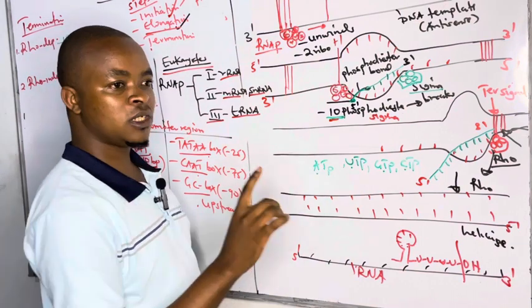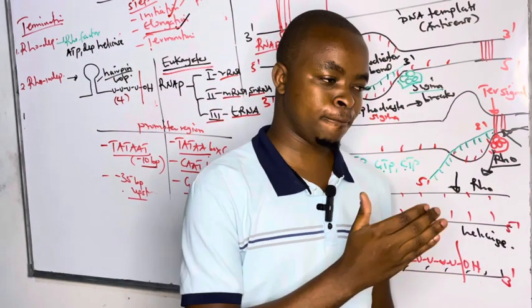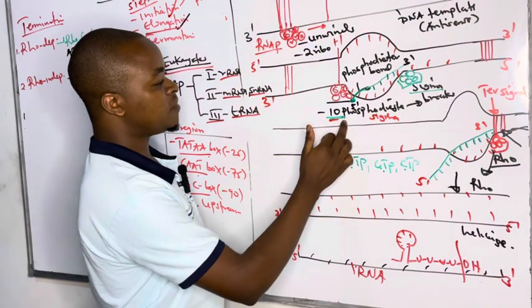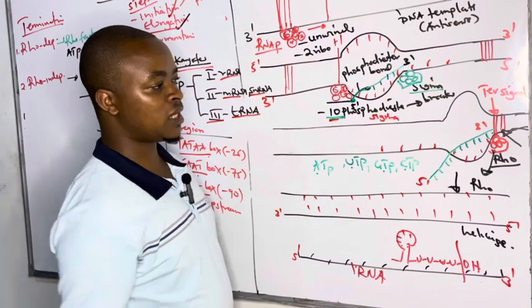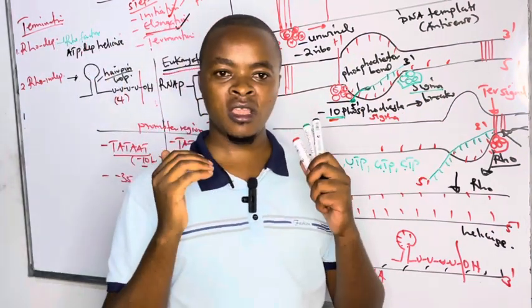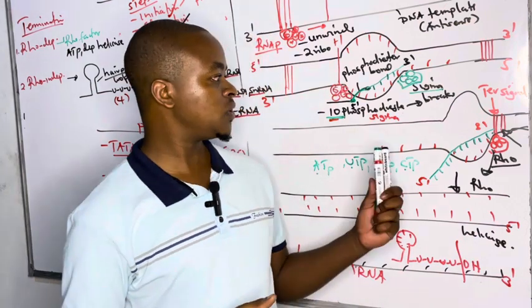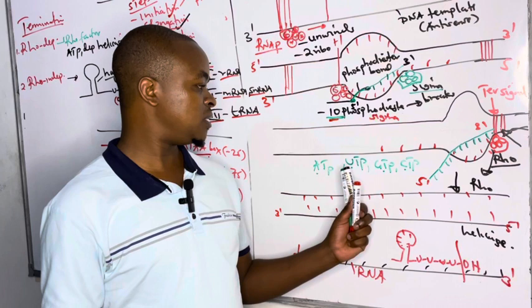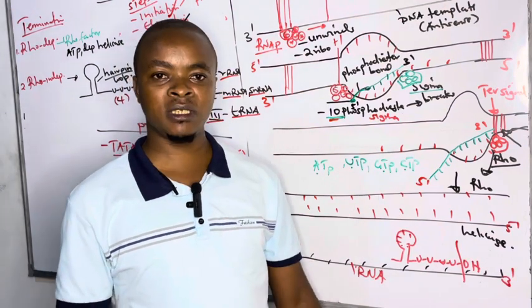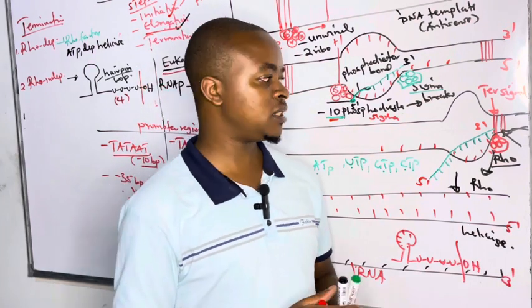And we said when we form 10 phosphodiester bonds, then the sigma subunit breaks away, and the RNA core enzyme is the one that continues to add complementary base pairs on the template strand using UTP, ATP, GTP, and CTP, which are ribonucleotide triphosphates, elongating this.